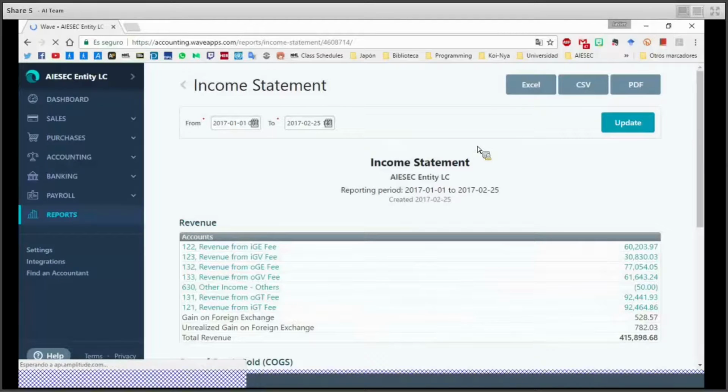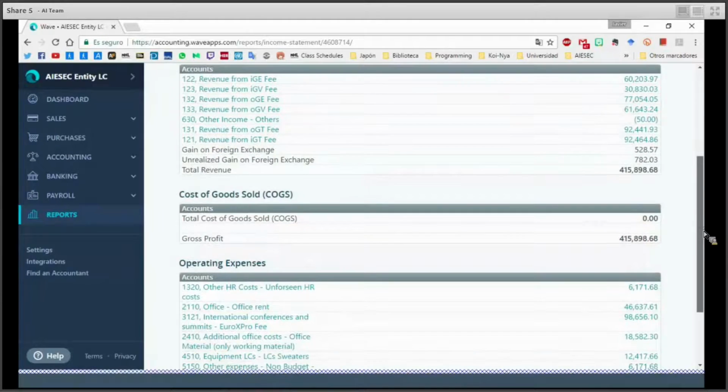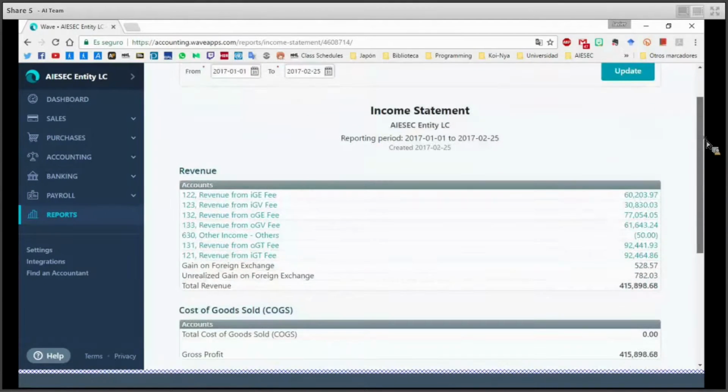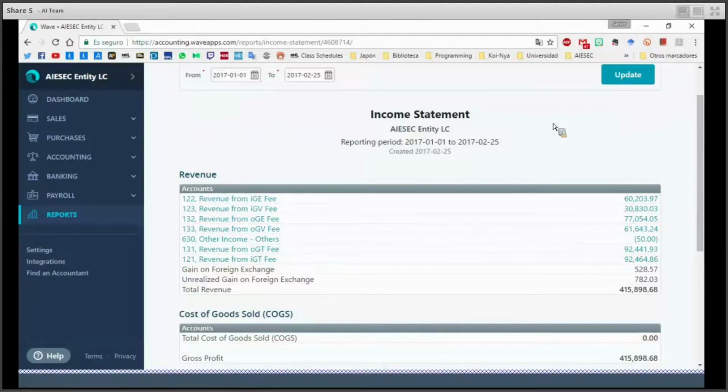As you can see, the income statement is divided into 3 main parts. The first one, called revenue, is all the money that enters your LC or MC, such as, for example, the OGE fees, OGB fees, revenues from OGT, from IGE, etc.